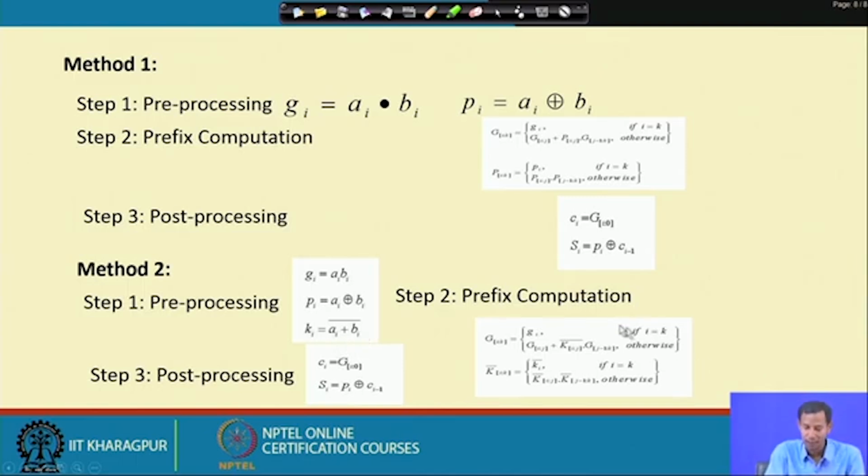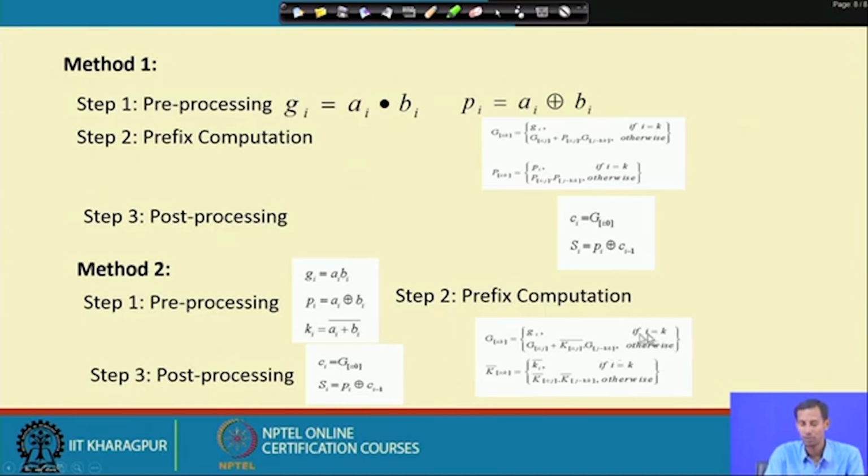For prefix computation we use this Ki instead of Pi, following this particular equation: Gik is Gi, and Gij plus K bar ij dot Gj minus 1 to k.